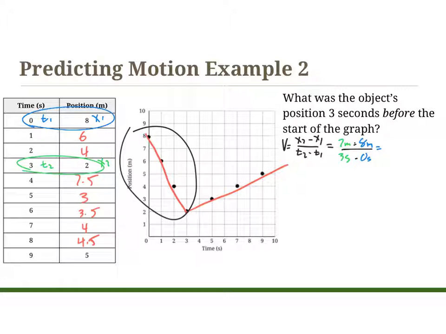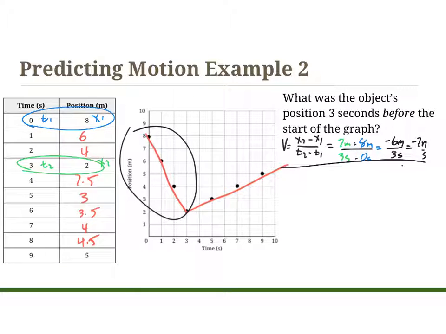When I subtract this out and simplify, I get a negative 6 meters over 3 seconds, and 6 divided by 3 is 2. A negative 2, what did I draw here? That's crazy talk. That would be a negative 2 meters per second. Okay, so now I know my velocity.